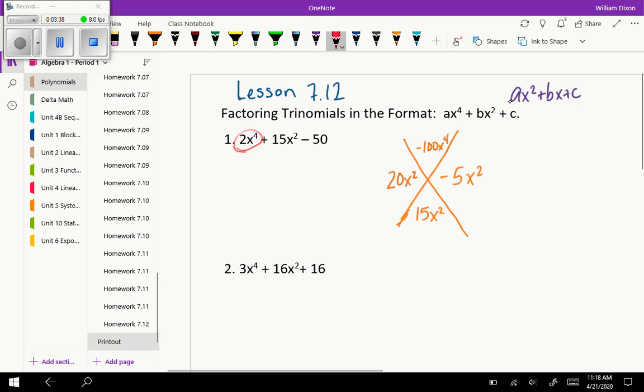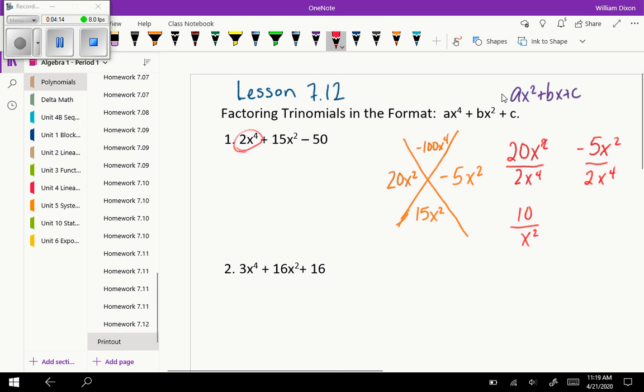Our rules of exponents come into play. So I'm going to have 20x squared divided by 2x to the fourth. And then I'm going to have negative 5x squared divided by 2x to the fourth. So I know that my first one is going to be 10 over, that's going to cancel, and I'm left with x squared.